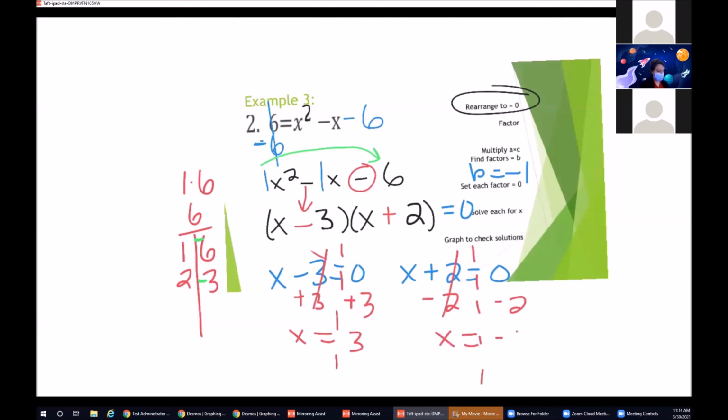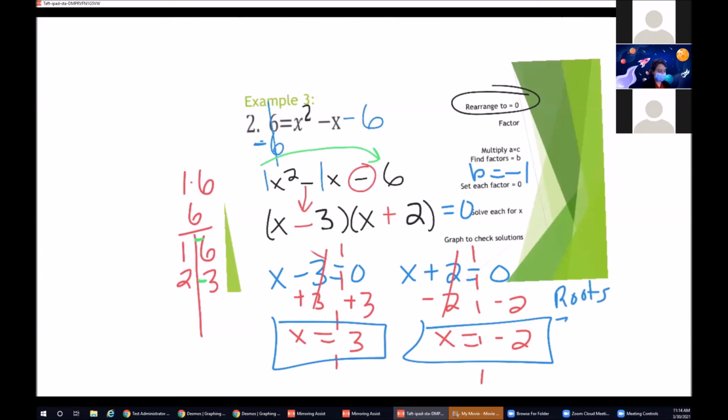X is equal to -2. And those are our solutions. Remember, we could also call these roots. We could call them zeros. So when they're asking for the roots, the zeros, the solutions, the x-intercepts, that is your answer. That's why we remembered rocks.